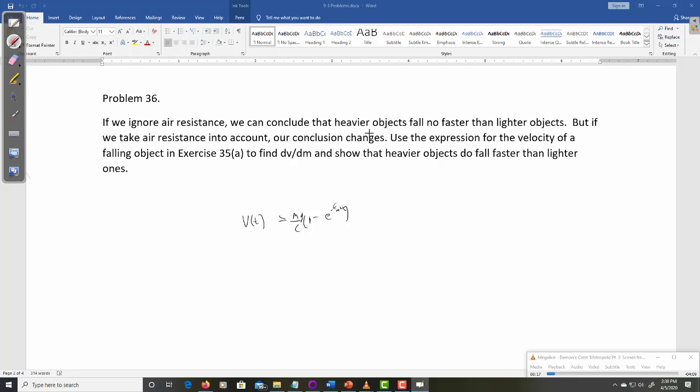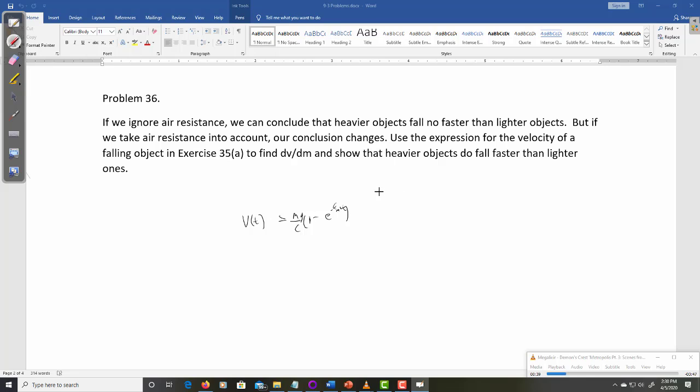Because that's what it's asking. If we have a larger object, is it going to fall faster than a lighter object? In a vacuum, they don't. A very famous experiment is when we first got into space, they actually photographed dropping a feather and a really heavy object, and they fell at the same rate. Not so when there's air resistance.